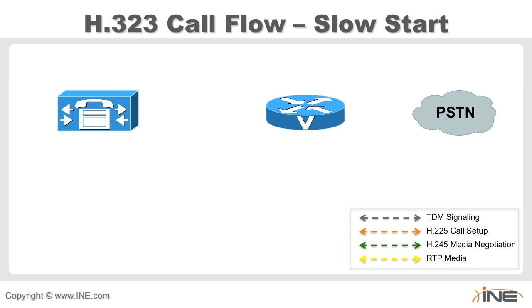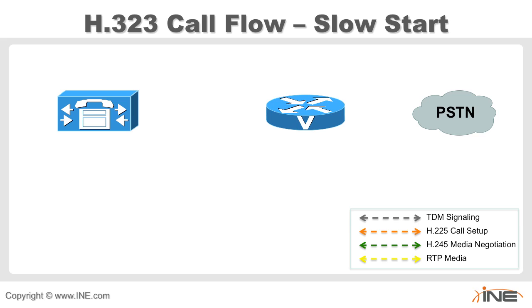So let's take a look at H323 call flow, and we're going to look first at slow start. So I've got my CUCM, I've got my voice gateway, it's going to be using H323, and then my PSTN. And I've got some form of TDM signaling represented down here by a gray dashed arrow in my legend box. Orange represents my H225 call signaling inside H323.